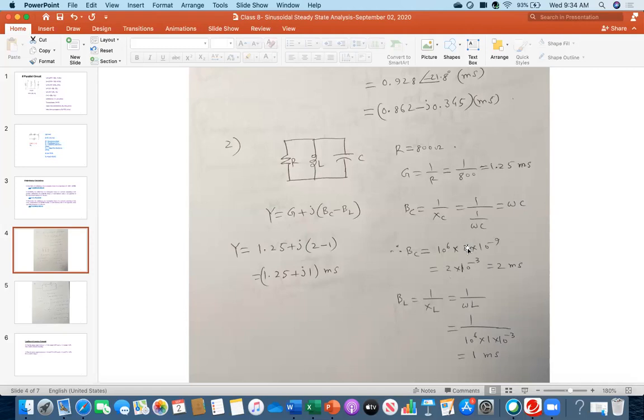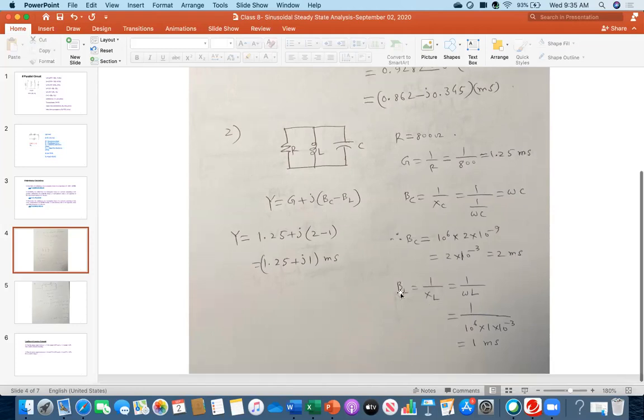You see I got 2 multiplied by 10 to the power minus 3, so this is 2 millisiemens. It is easy for me to express because I am getting a good number instead of 0.002. The other reason is that I already converted G into millisiemens, so I am keeping millisiemens.